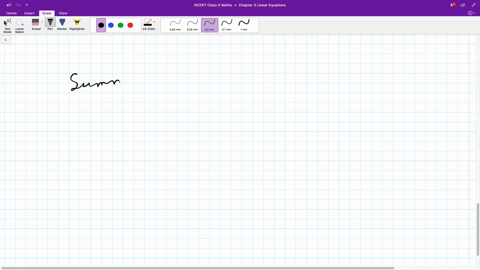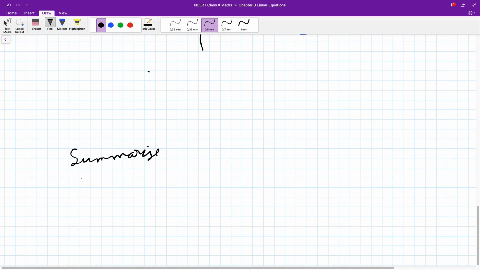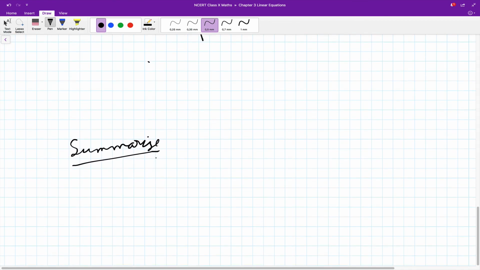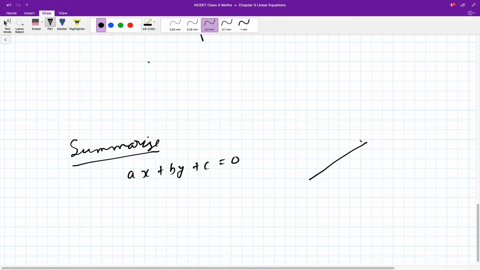Let us quickly summarize what we learned today. So we learned quite a lot. We started with a single linear equation, ax plus by plus c is equal to 0, and then we saw that it will represent some kind of straight line on the x and y axes.